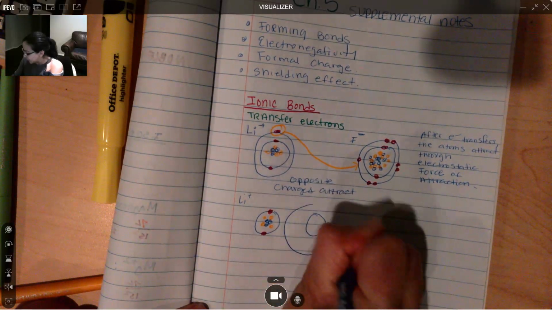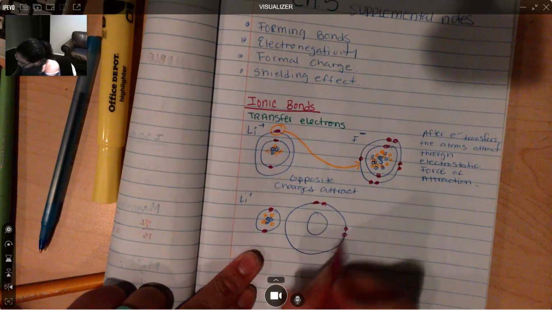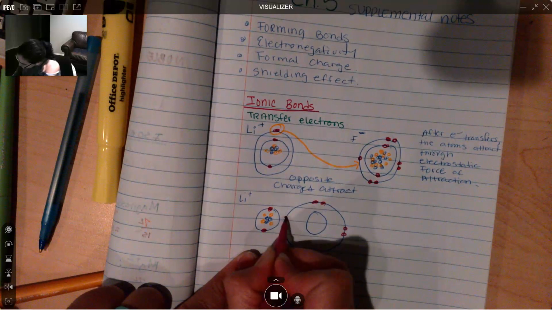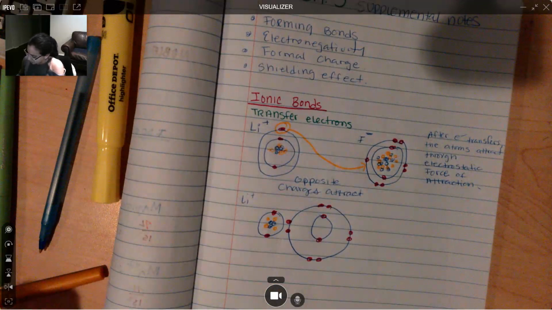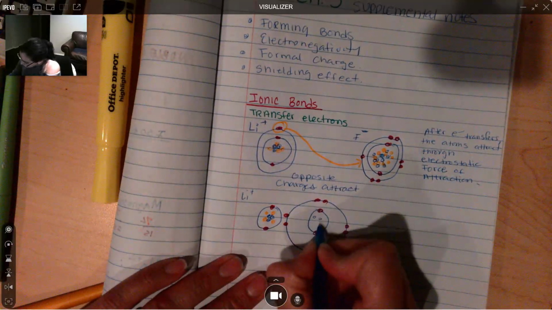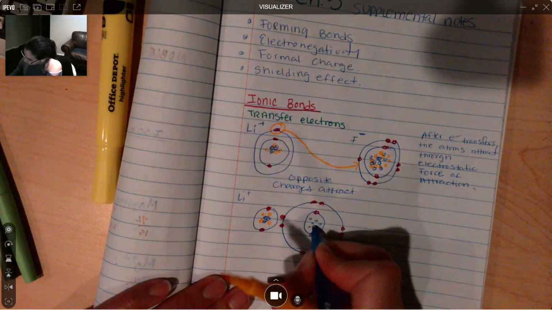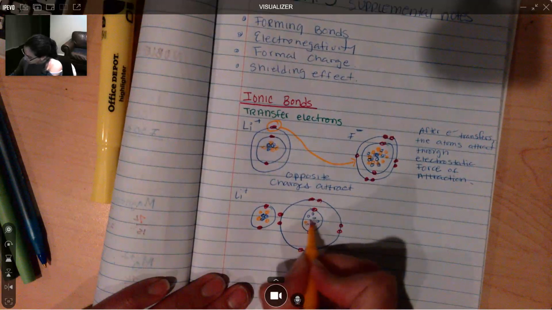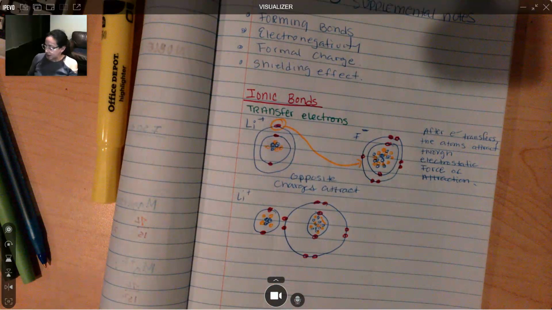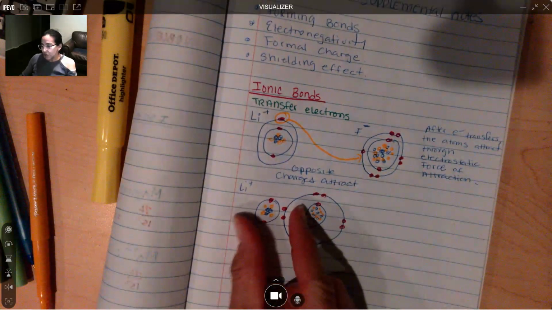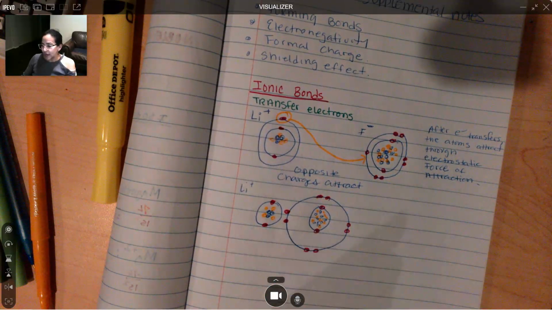And I'm just going to exaggerate how much bigger that is. Just adding all my stuff in there. Okay, I didn't count the neutrons, but either way, now these are being attracted by electrostatic force.